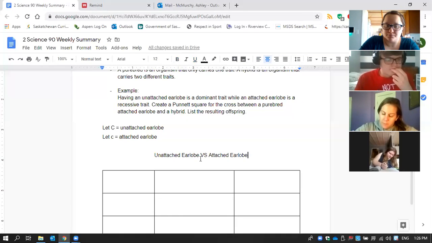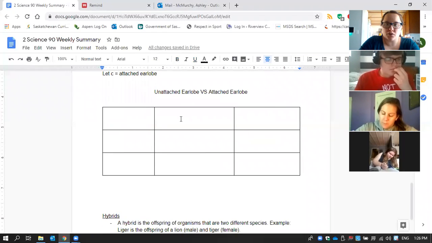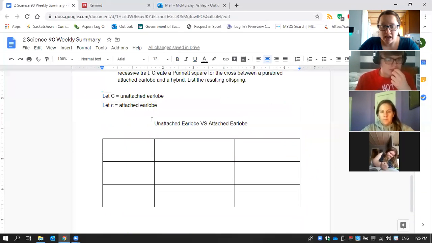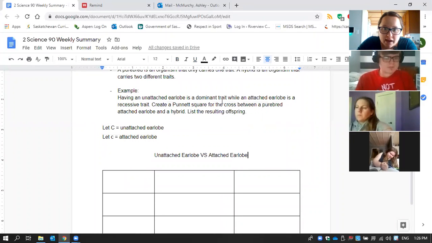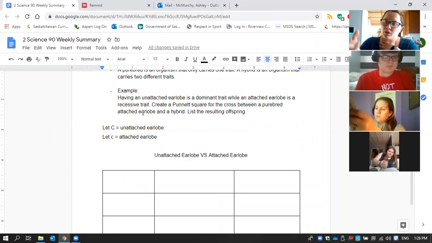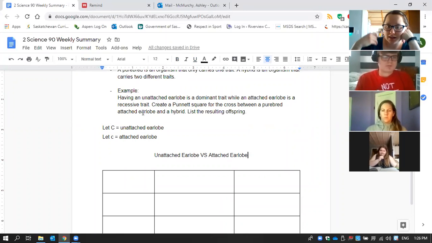Then in this first row, we're going to put one of the parents. It doesn't matter which one comes first, as long as you have it in there correctly in terms of spacing out those letters. Our first one, we were given a purebred attached earlobe. So what letters would it be, 2 capital C's or 2 lowercase c's, to represent an attached earlobe?